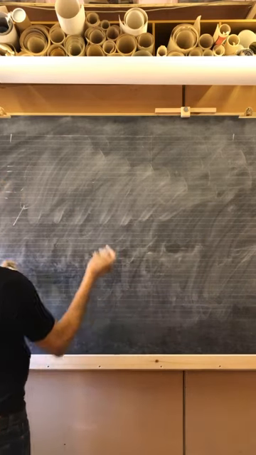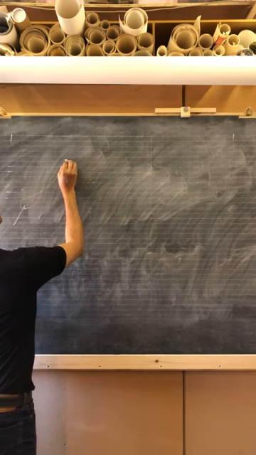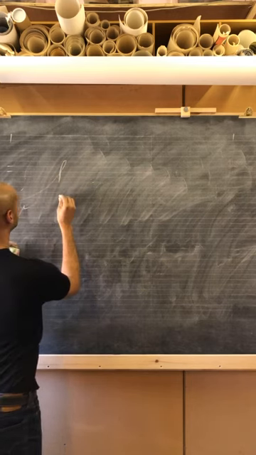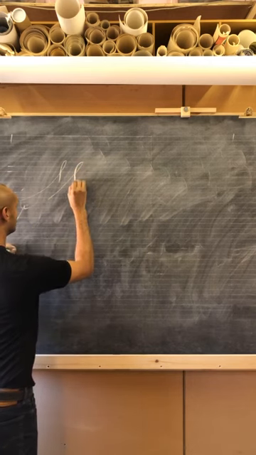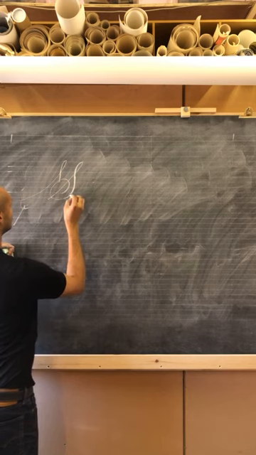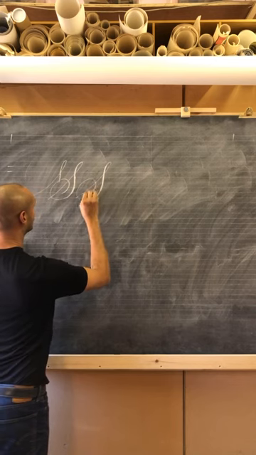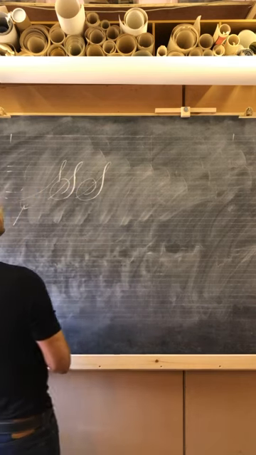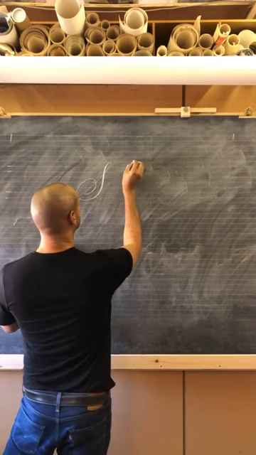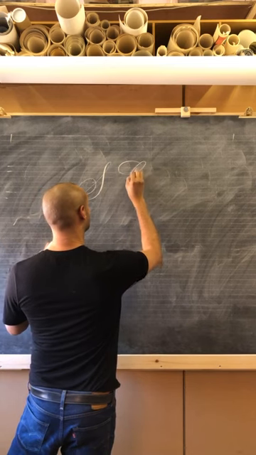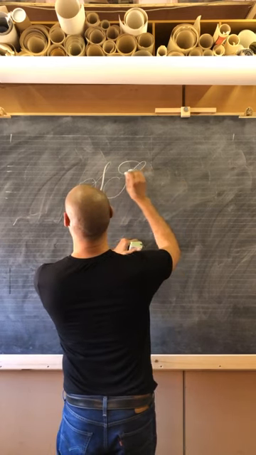S. Number of options. I like this S. Up. I like that S. But I tend to use this S in the script. But if you make the bowl bigger, so where are we at?